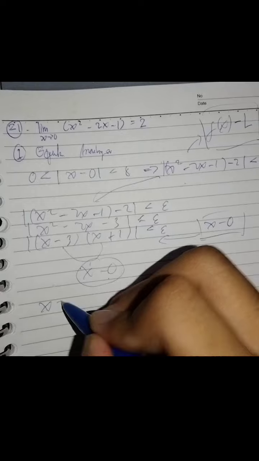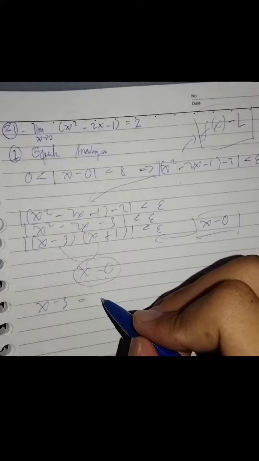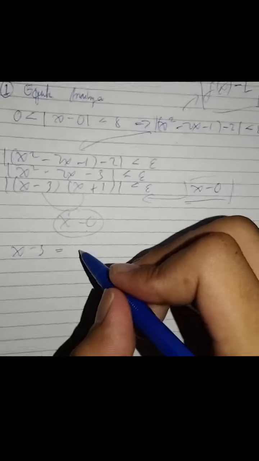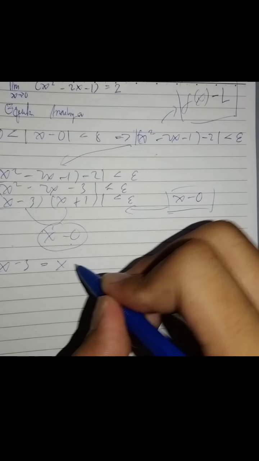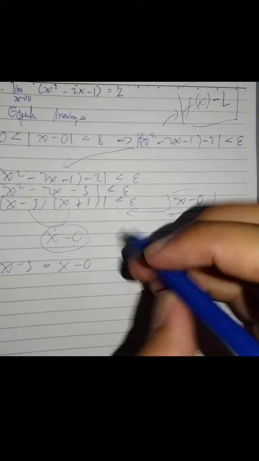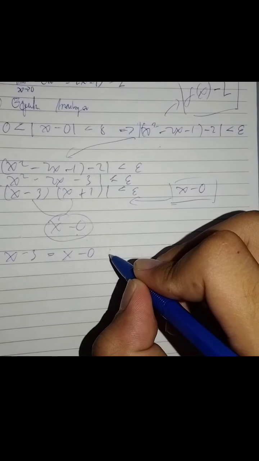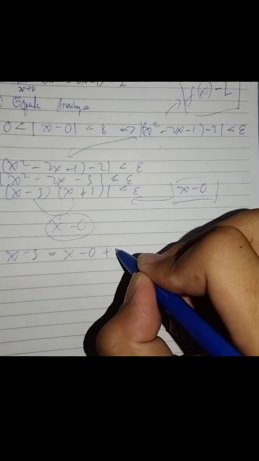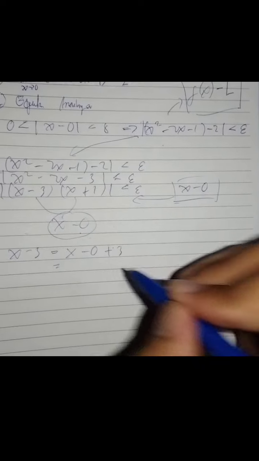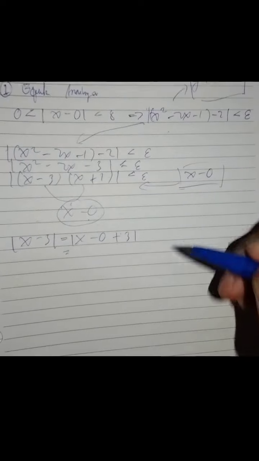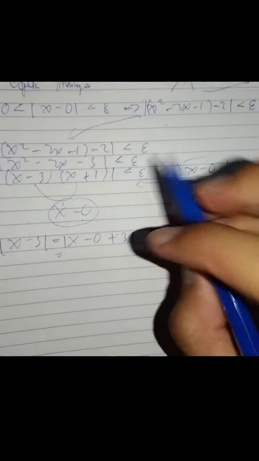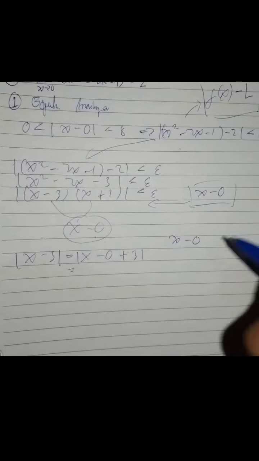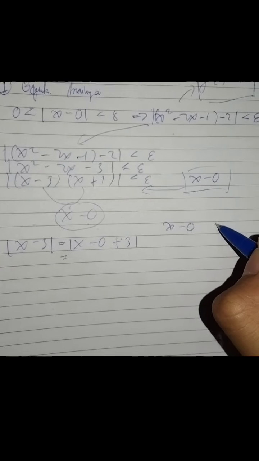So x minus 3 is equal to x minus 0 plus 3. So it's still absolute.